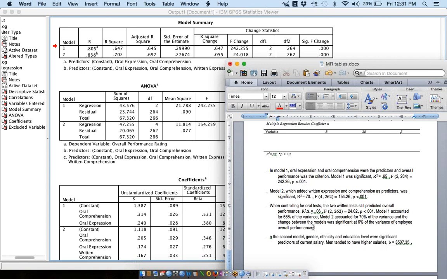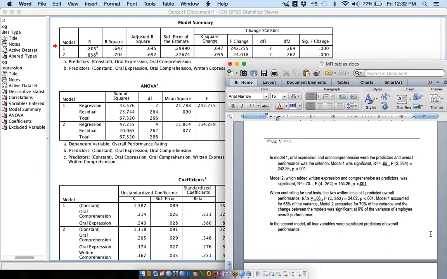In the second model, I'm going to say all 4 variables were significant predictors of overall performance.